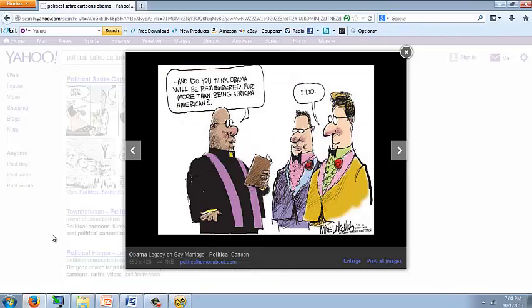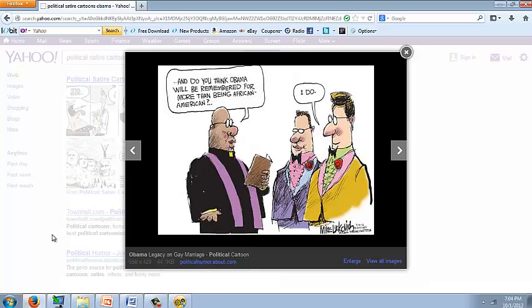I want to jump over here and look at this one because it's something that just happened like this summer. And here we have a Native American priest, and he is marrying this couple. It's two men. And it says, "And do you think Obama will be remembered for more than being African American?"